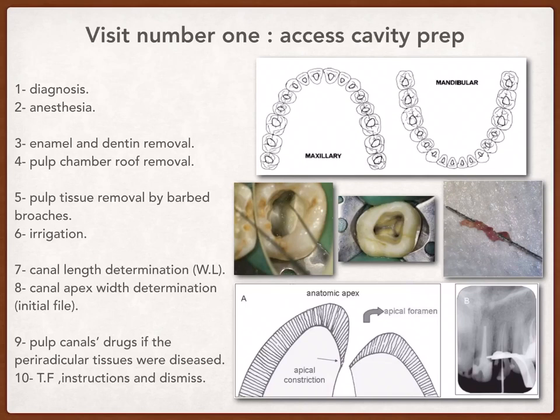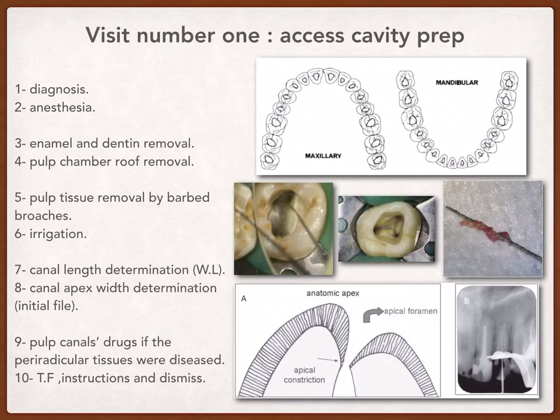Then we anesthetize the patient. Then we should remove the enamel and dentin according to specific outline forms. Then we should remove the pulp chamber roof, and be careful to have a very good access to the root canal system.